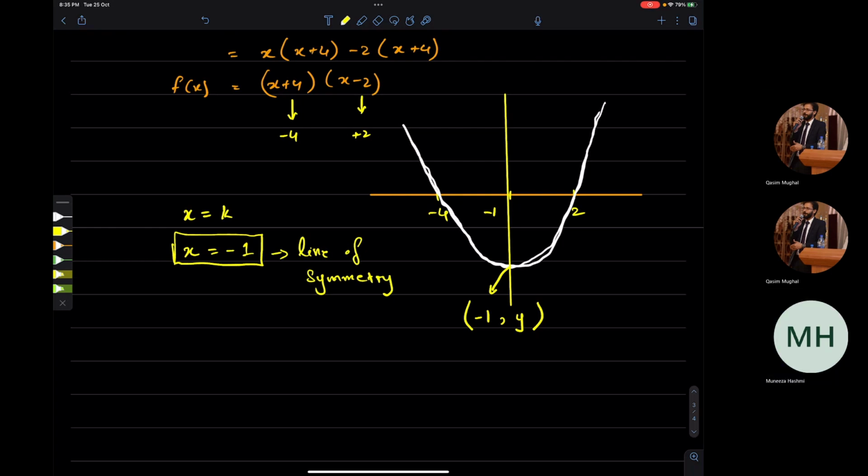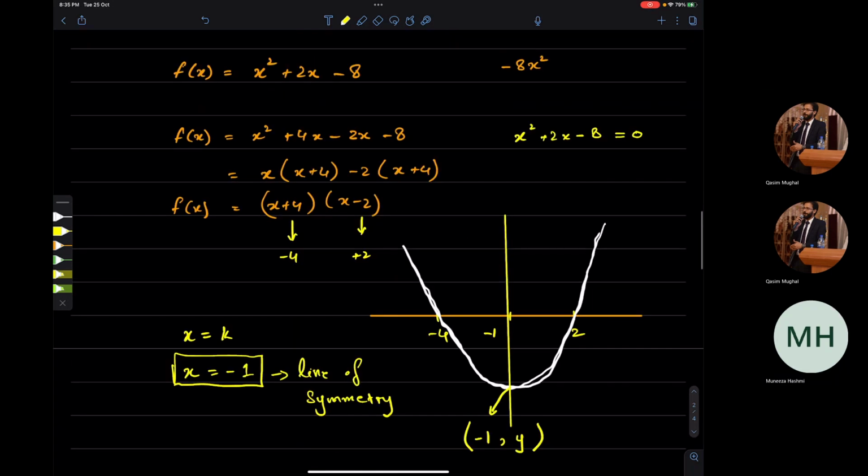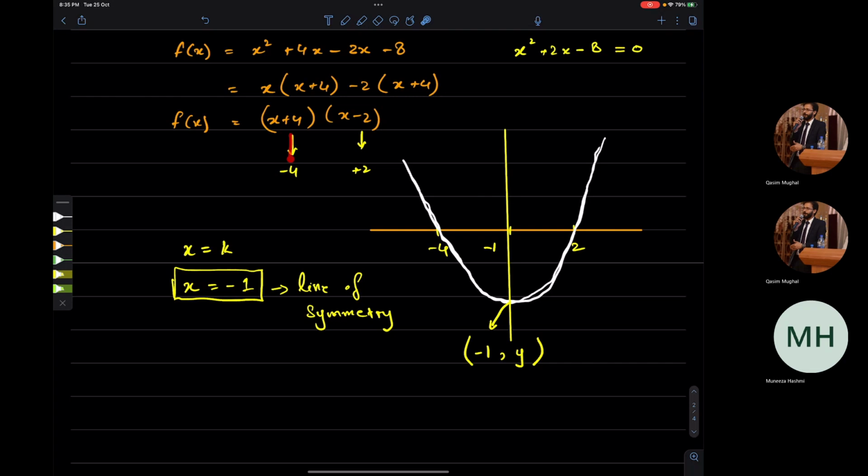All right. So up to now we've discussed that if I'm able to factorize the quadratic function and I've got two different factors, then by changing the signs of both of them, I get the x-intercepts.